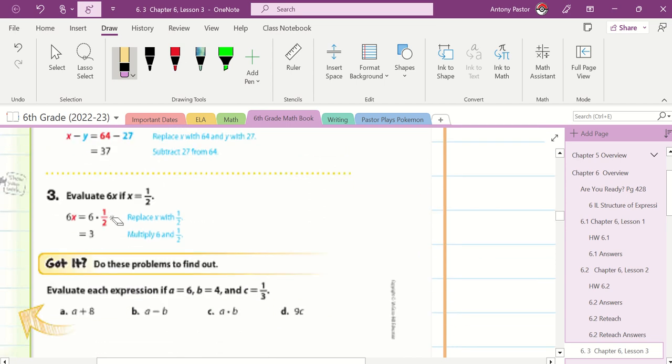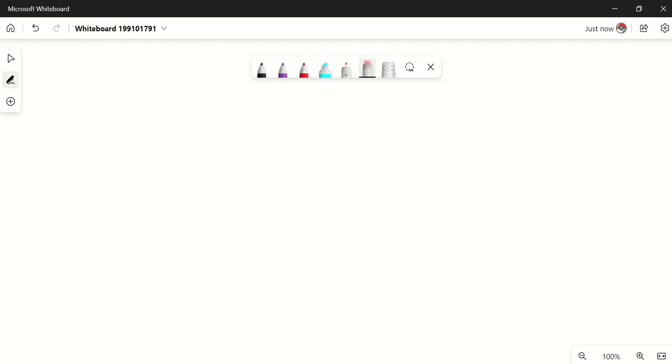And then evaluate 6 times x if x equals 1/2. 6 times x, or 6 times 1/2, would be 3. And for those of us that need that refresher, it would look something like this. Remember, when we multiply by a fraction, I don't know why I put 1/3. It's supposed to be 1/2. I need to put my whole number over 1. And remember, when we multiply fractions, we just multiply straight across.